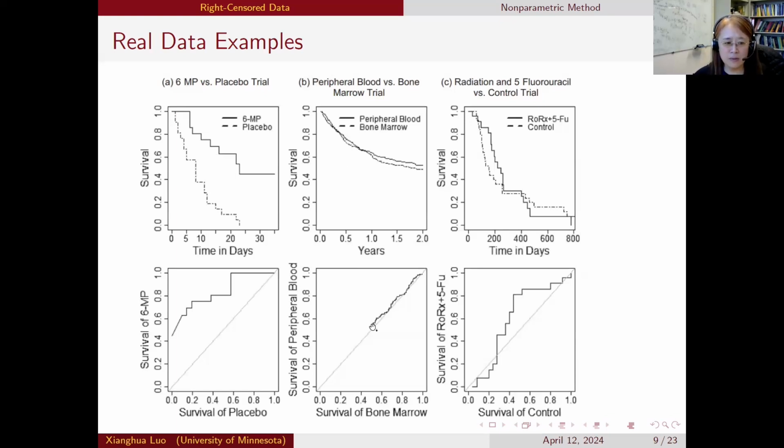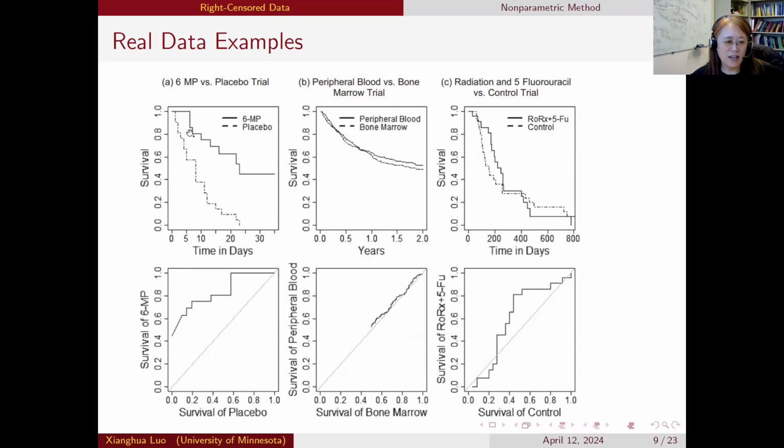In this case, we see a lot of censoring. So for the non-parametric curve specifically, we cannot use the integration of this curve to get a good estimated concordance, because the Kaplan-Meier curve, as we know, is not defined beyond the last event time.